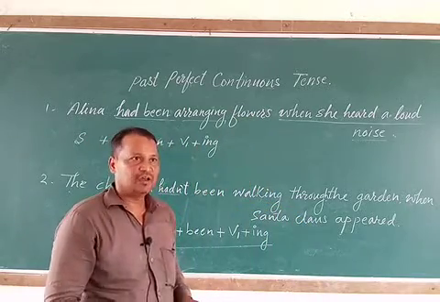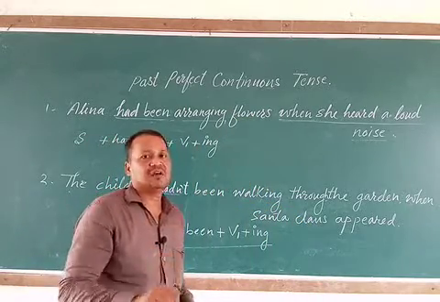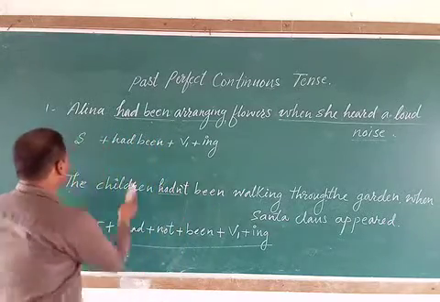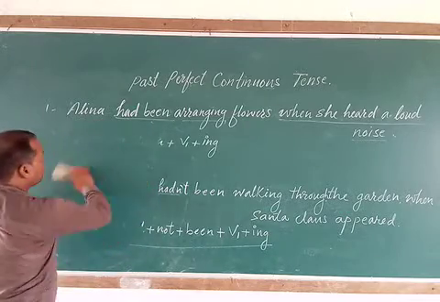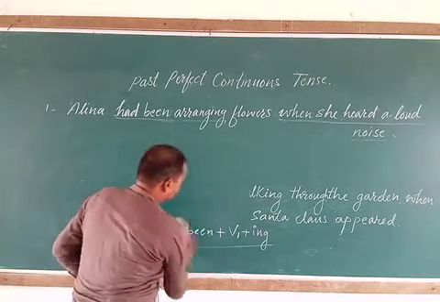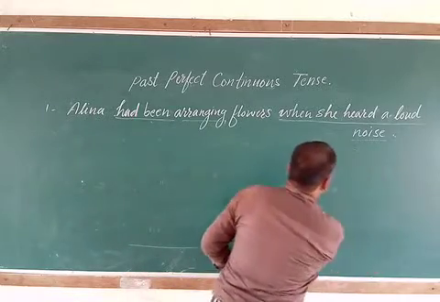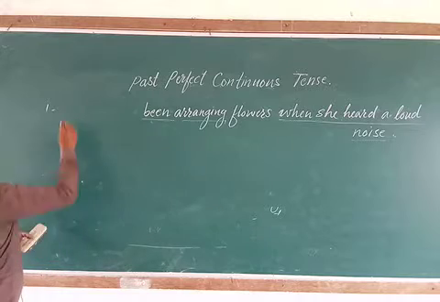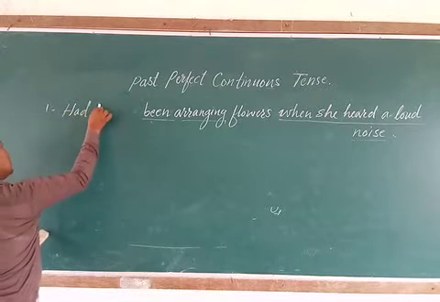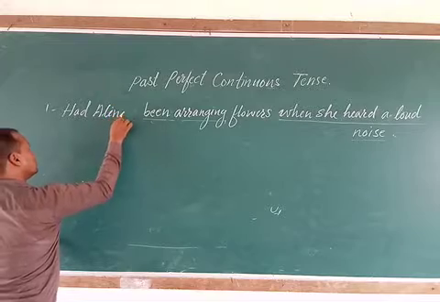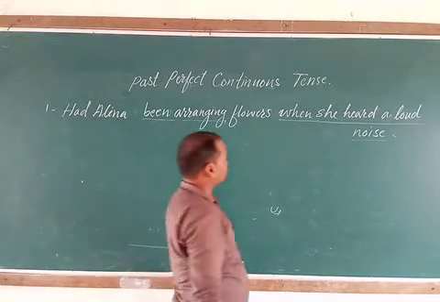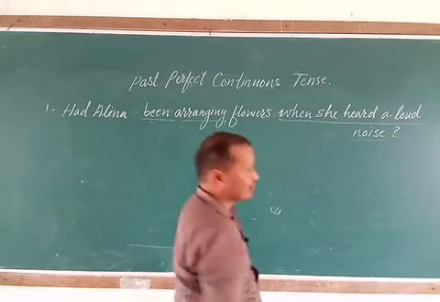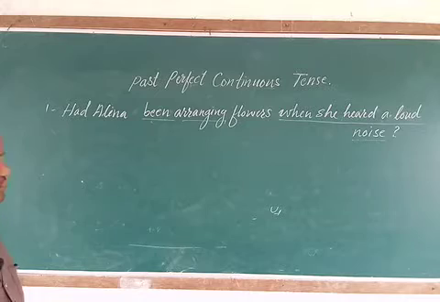And for a question, we put the first helping verb, the first auxiliary verb, before the subject. So let me write here. If I make it a question, I will write: Had Alina been arranging flowers when she heard a loud noise? So it became a question now.